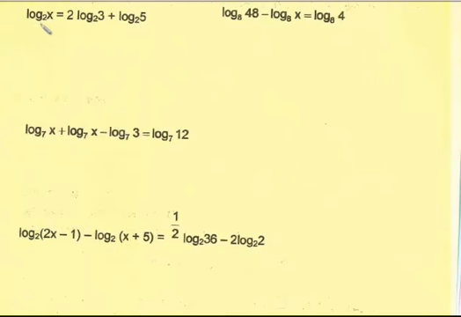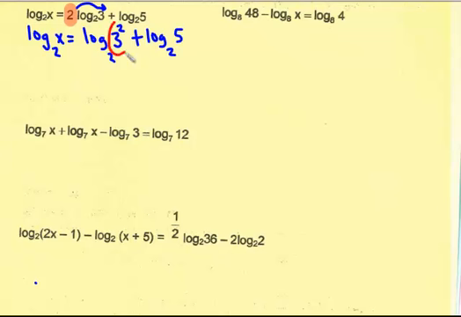In this example, the right-hand side is not condensed, so I need to condense the right-hand side. The first thing I want to do is move the 2 to its spot as an exponent. I have log base 2 of x equals log base 2 of 3 squared plus log base 2 of 5. Well, 3 squared is equal to 9.